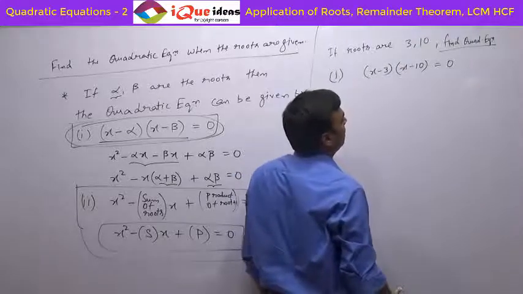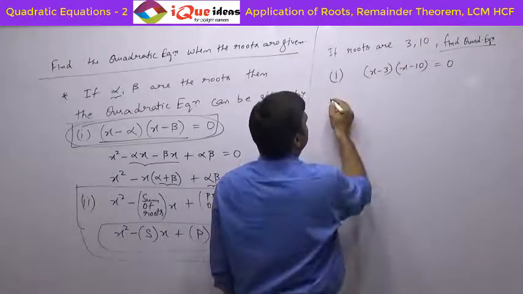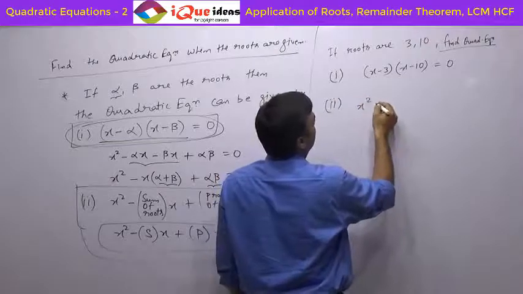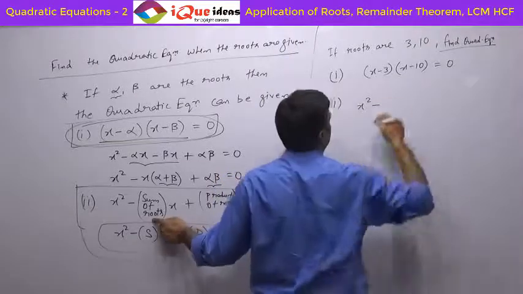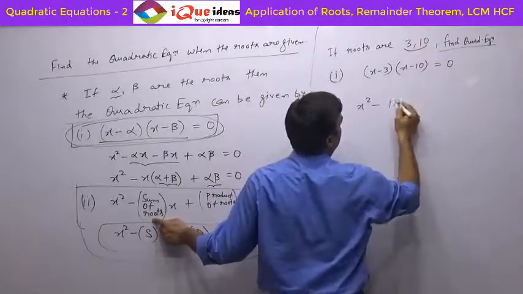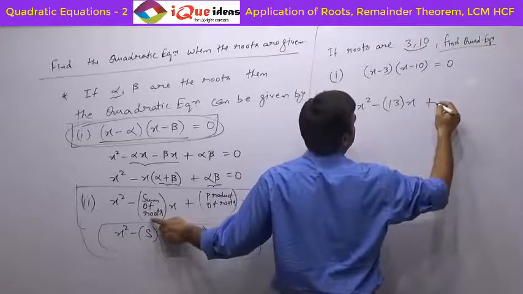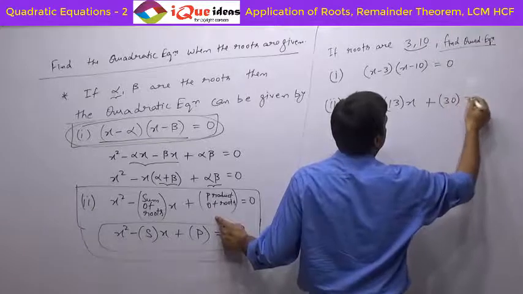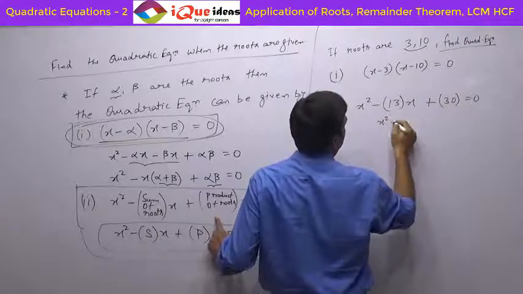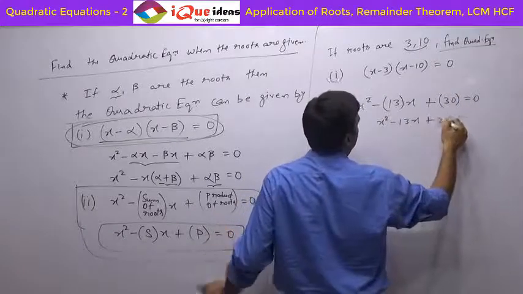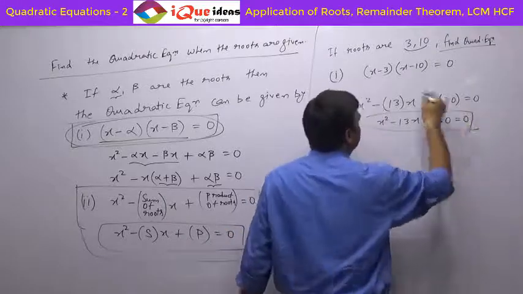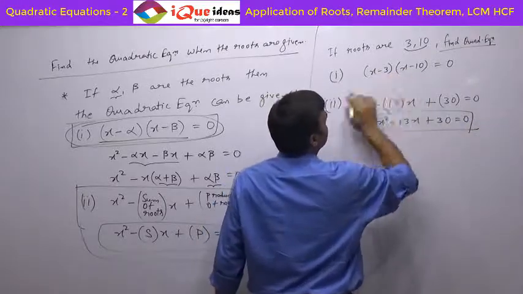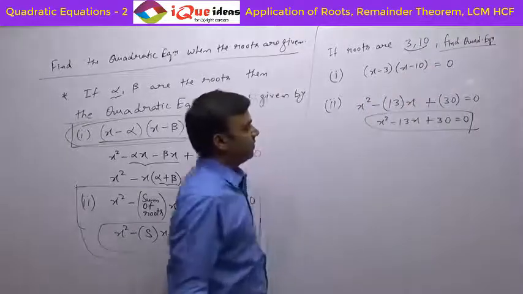This is the first method. The second method is x square minus sum of roots. What is the sum of roots? 3 plus 10, that is 13, so 13x, plus the product of roots, 3 into 10, that is 30, equal to 0. So it is x square minus 13x plus 30 equal to 0. You will get the same answer if you open the first one. So it is either this one or this one.